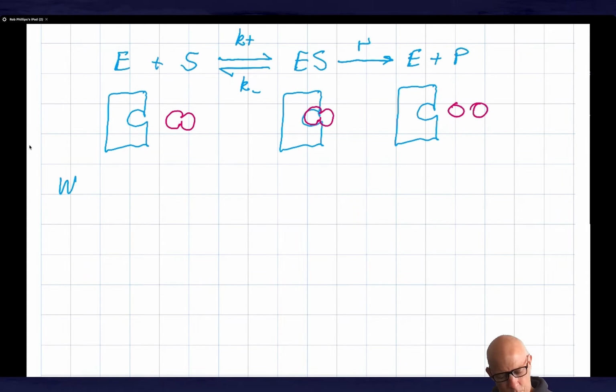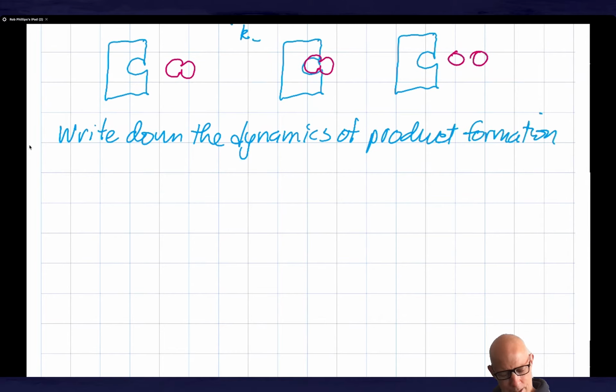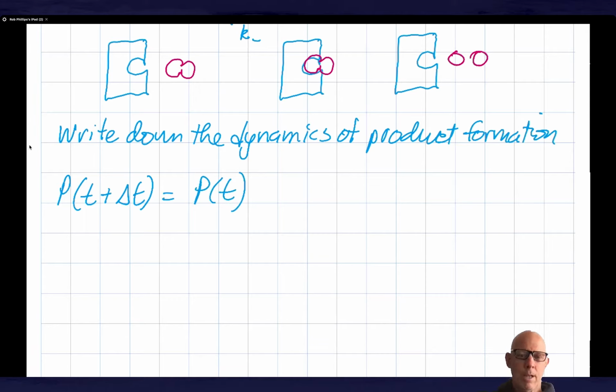So first thing we're going to do is write down the dynamics of product formation. And we will do that using exactly the same sort of rate equation mentality that we've already introduced. So maybe I'll say the product at time t plus delta t is equal to the number of product molecules that there were at time t, plus R delta t times ES, where that's the number of enzyme substrate complexes there are.